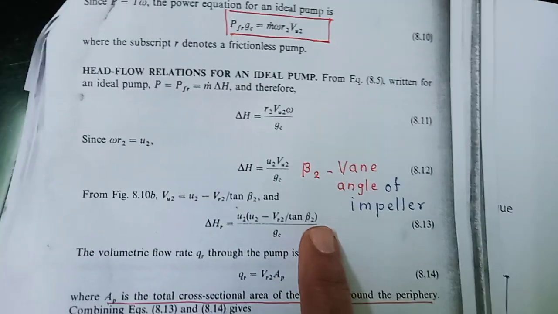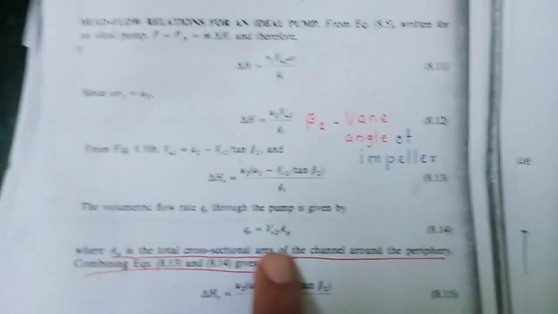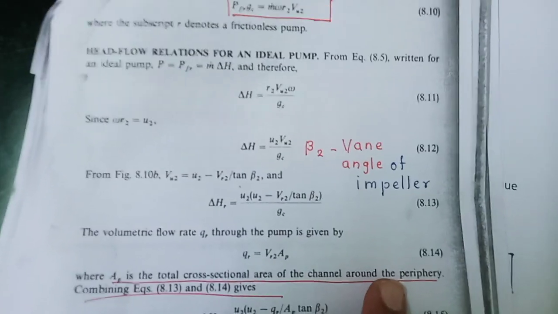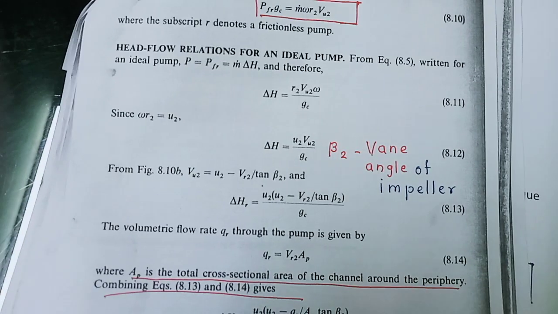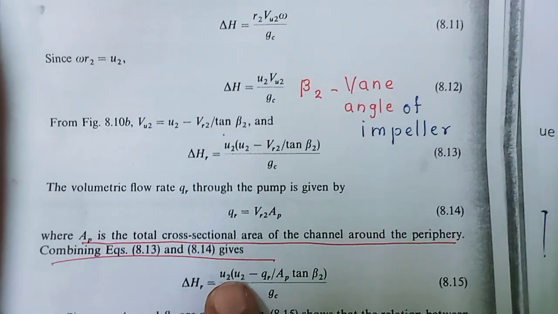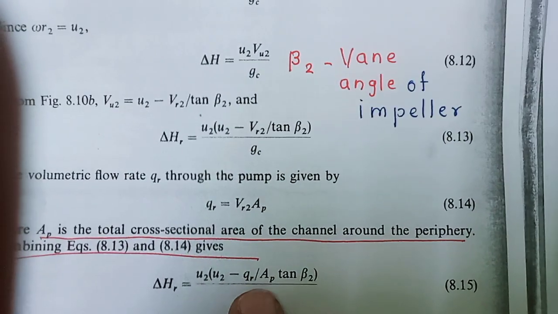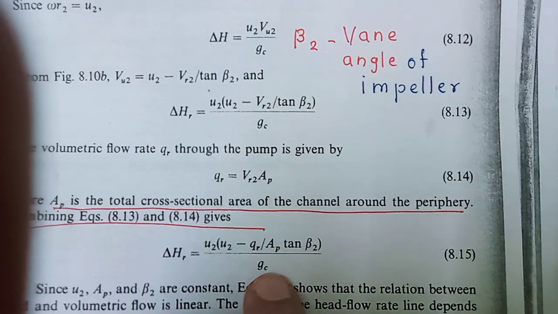So the vane angle of the impeller is important, as well as the total cross sectional area of the channel or volute, the outer portion between the impeller and the outer casing of the pump. So this head developed comes to be U2 into (U2 minus Q over R AP into tan beta 2) divided by G.